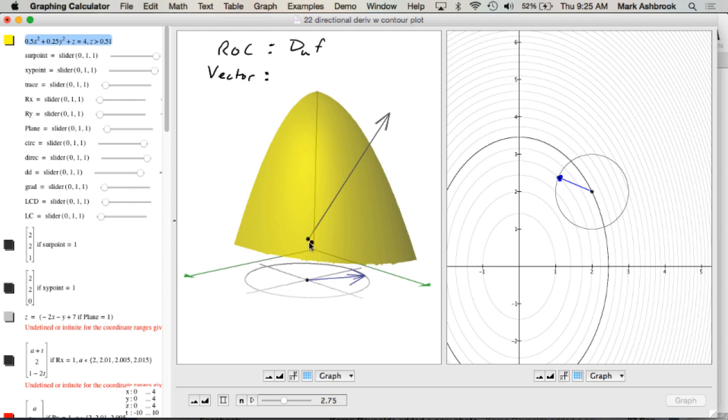This vector is tangent to the surface and points up in the direction of that rate of change. And then there's also the angle of ascent.